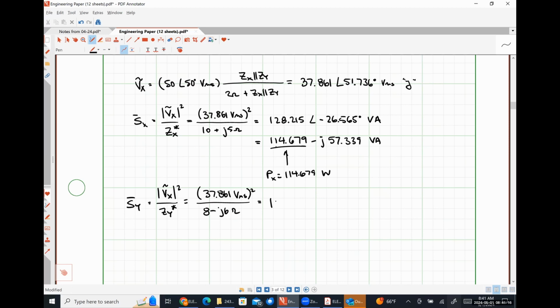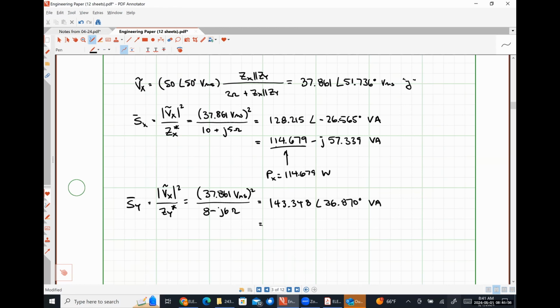I get 143.348 with an angle of 36.870 degrees, volt amperes.